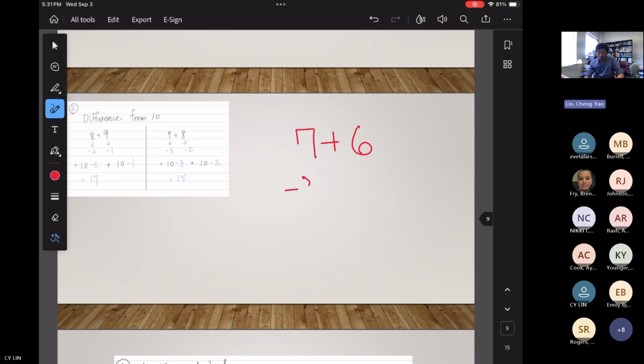So difference from 10 is negative 3. Difference from 10 is negative 4. So 10 minus 3 equals 7, 10 minus 4, and then put a big addition there. So therefore, we have 13. But that's another way of thinking, you can do the mental computation, okay.